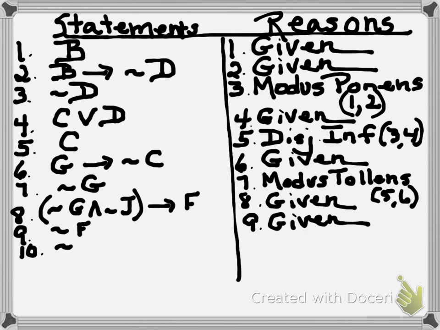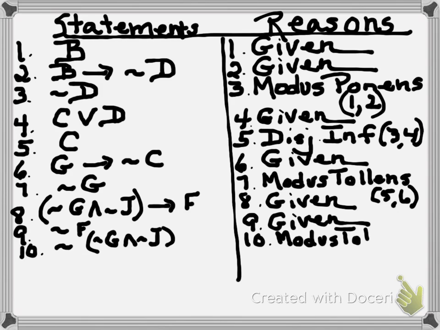Write it as not parenthesis, not G and not J. Because the reason for the negation of the hypothesis is modus tollens. Lines 8 and 9. But the simplification of line 10 is De Morgan's.